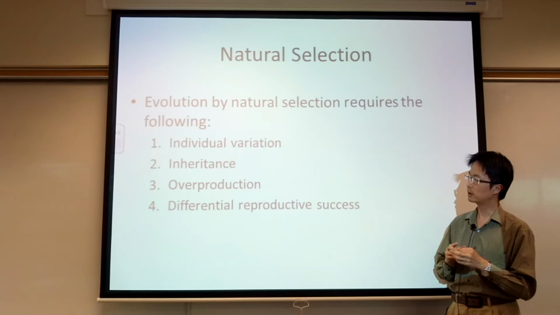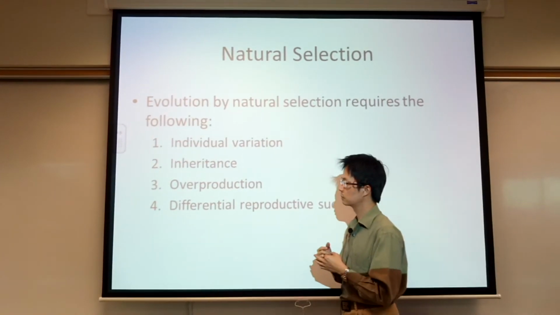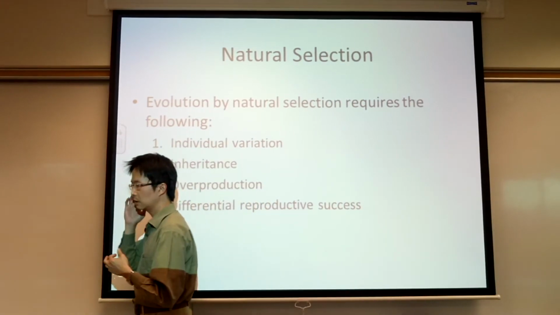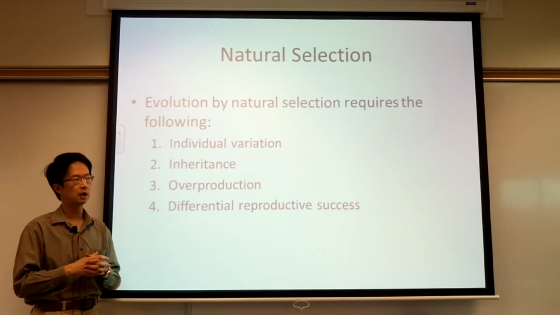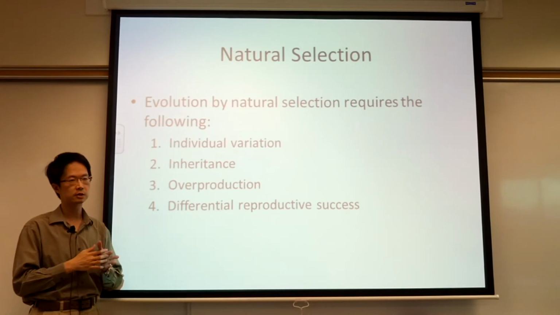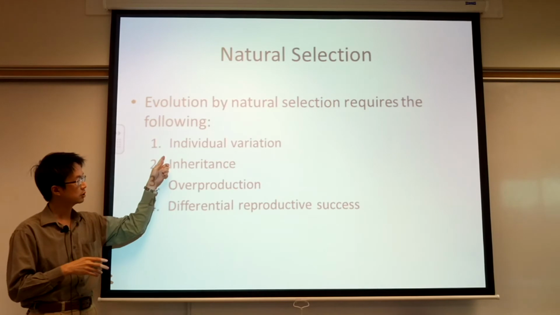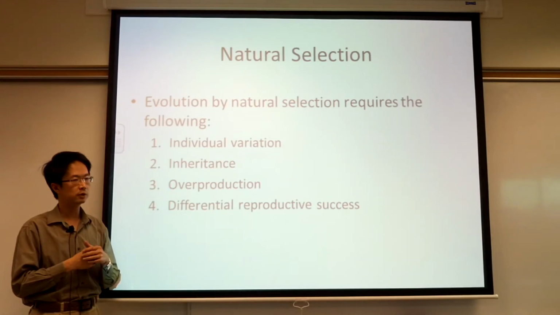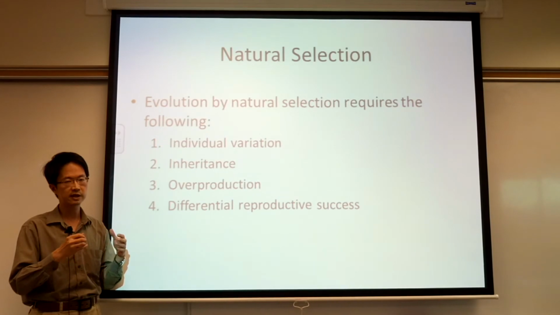For individual variation, natural selection is all about surviving by getting the trait that is favorable for surviving the environment. So you cannot have the entire population with the same trait.